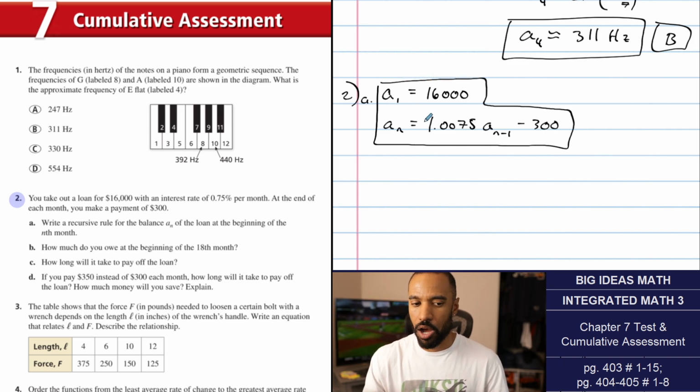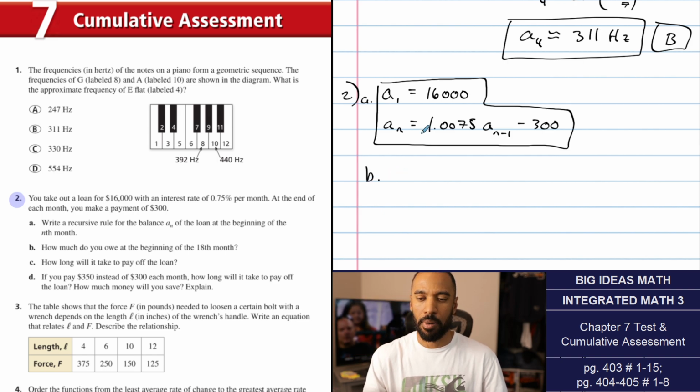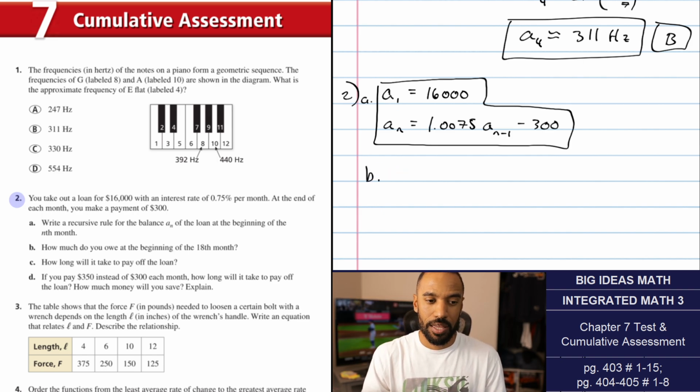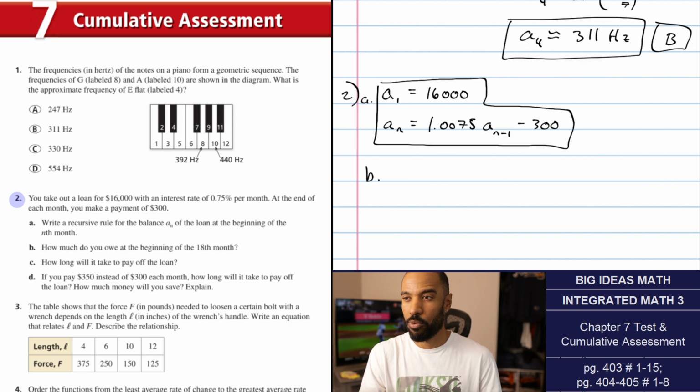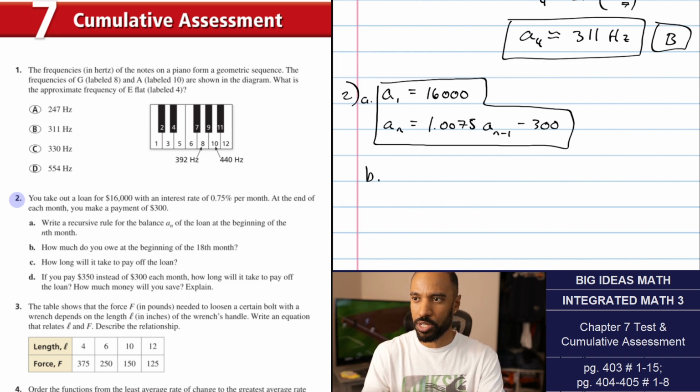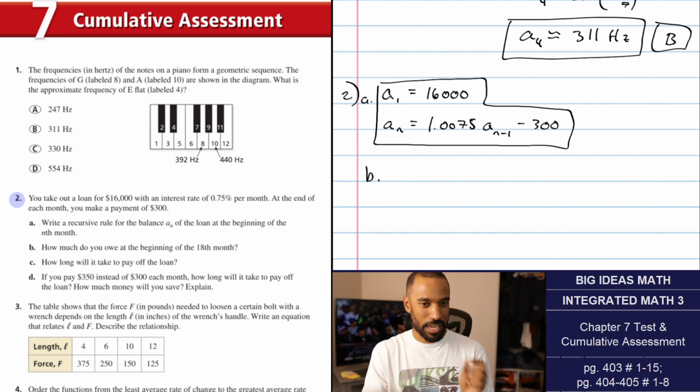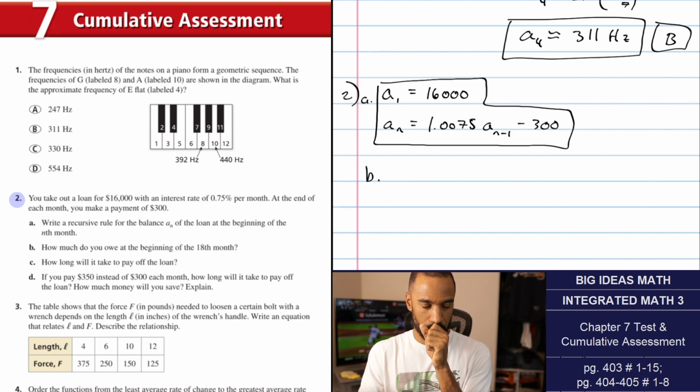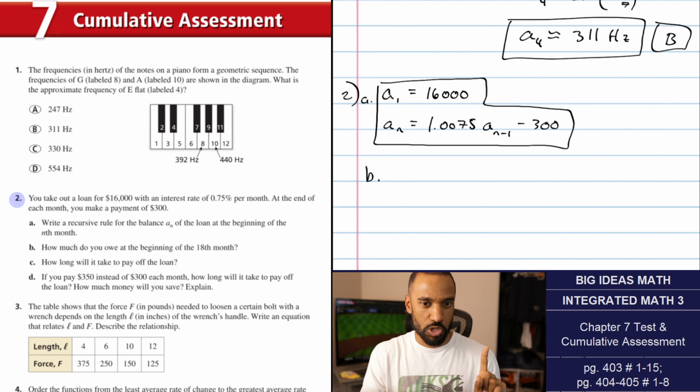Part B, how much do you owe at the beginning of the 18th month? They were doing a spreadsheet thing like this before, so I'm going to do a spreadsheet as well. Let me pop that up. Google Sheets. I wish I still had the previous one that I made. I'm going to remember to zoom in for you guys.